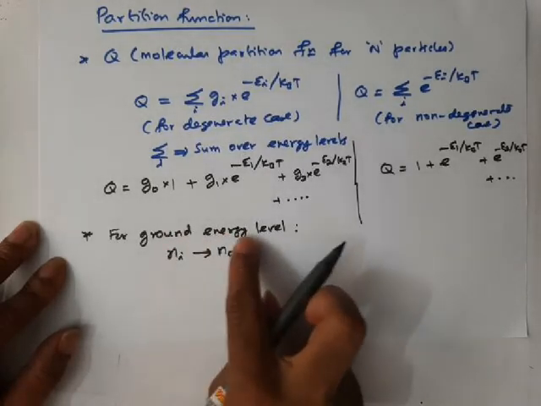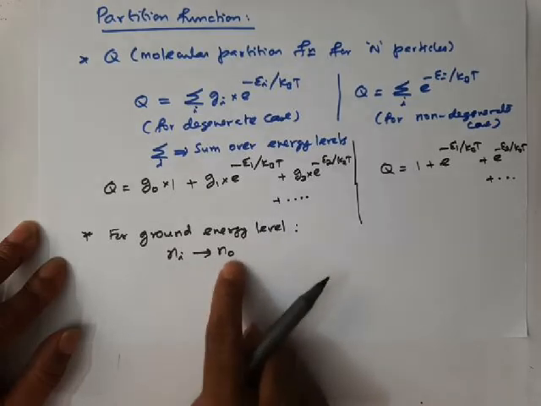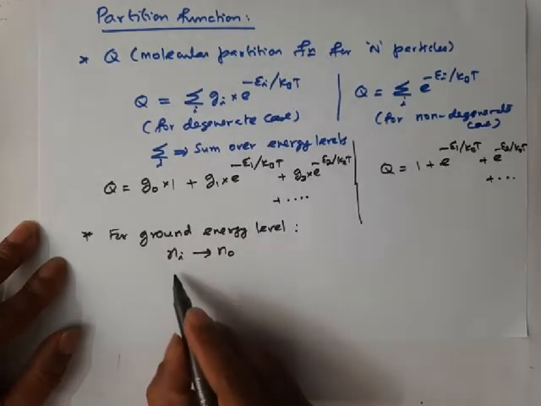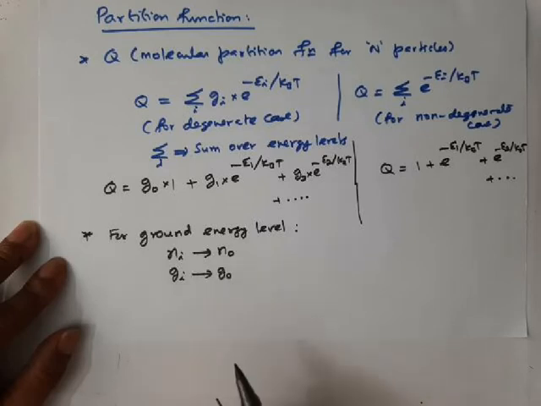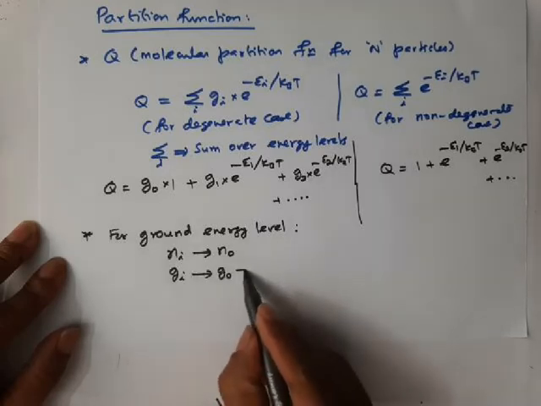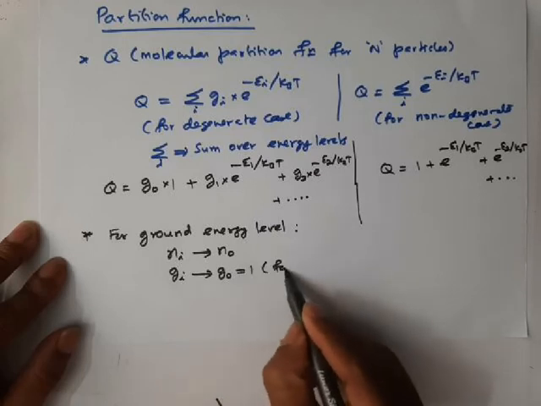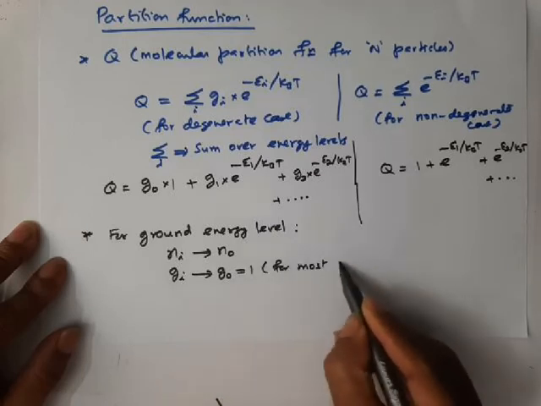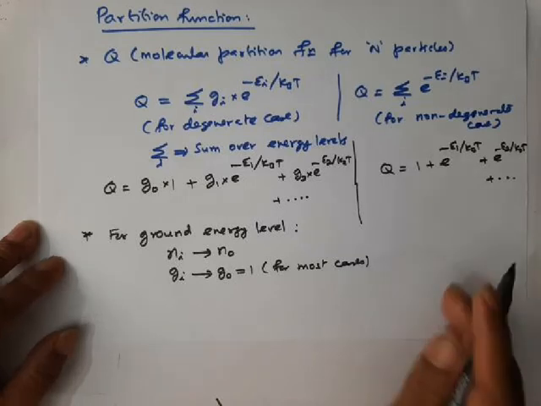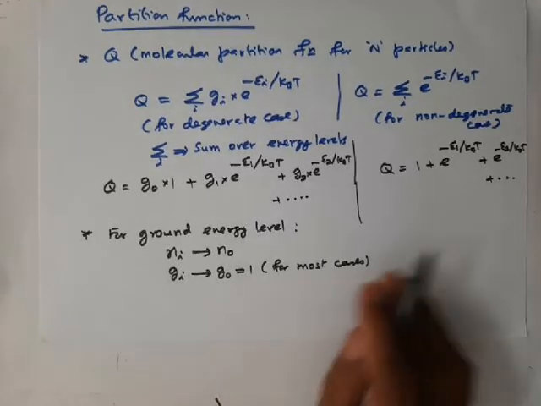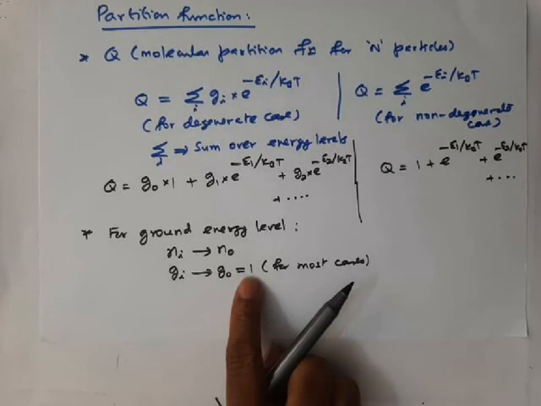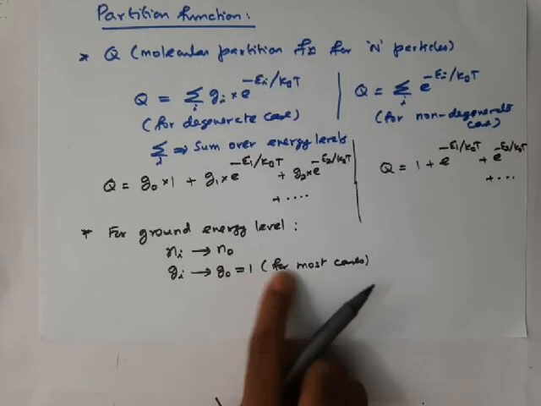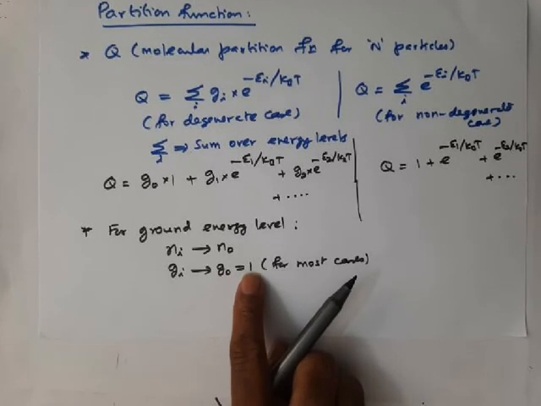Since now we have taken the ground energy level, Ni should be represented as N0, and degeneracy gi should be represented as g0. But g0 is equal to 1 for most systems, for most rotation levels, vibration levels, right? For most cases, the degeneracy of the ground state is 1. Not always. For most cases, degeneracy is 1.